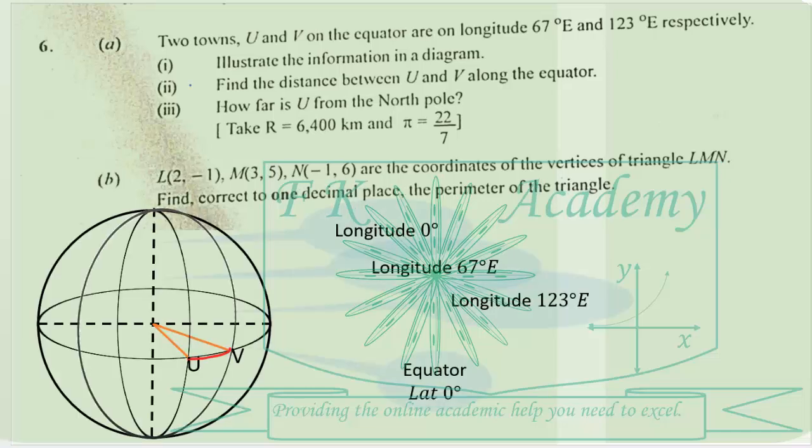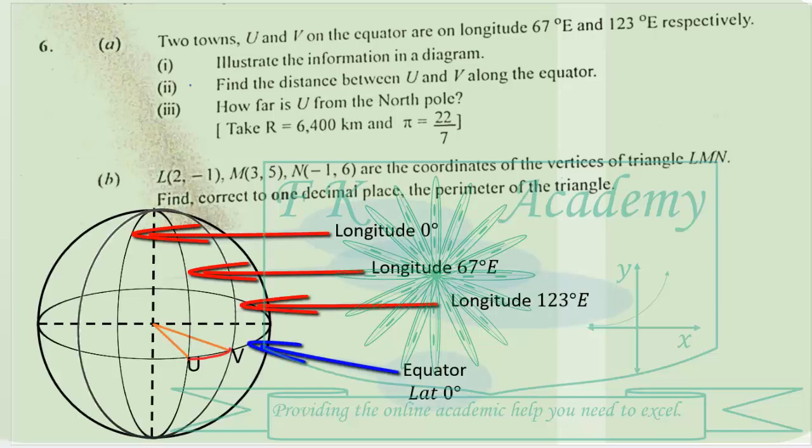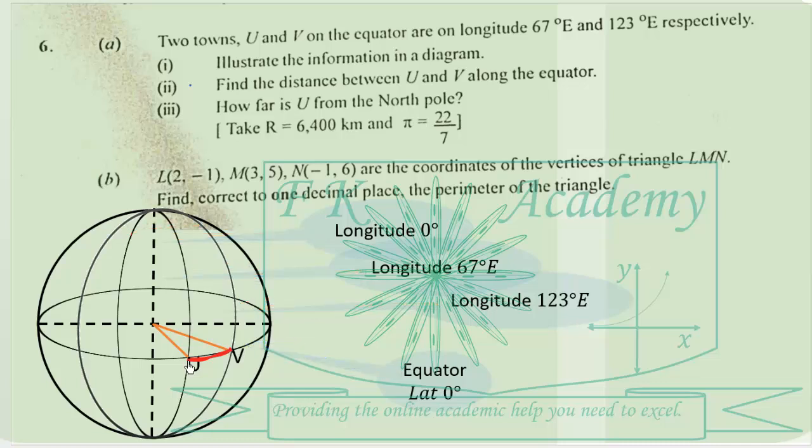So let's begin. This is how we can illustrate it in a diagram. We have to find the distance between U and V, and that distance we see is an arc. So the length of an arc formula is what we are going to use here.